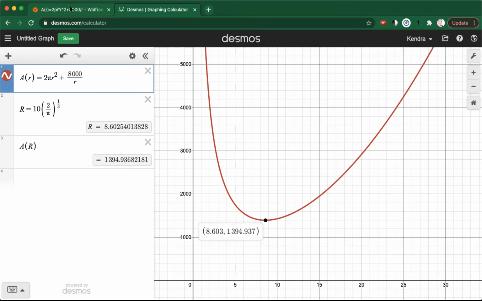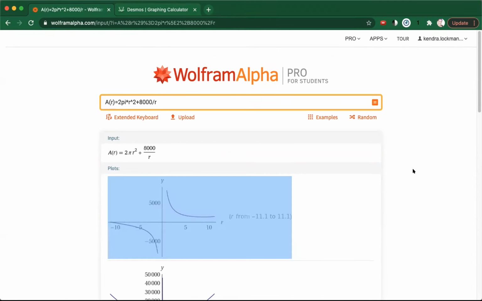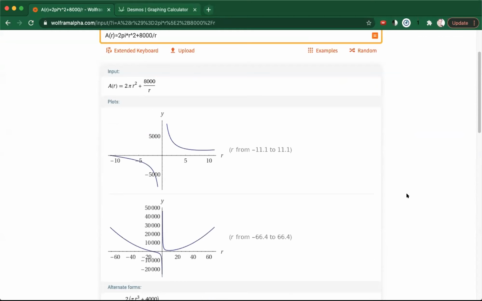I just wanted to point out you can also use Wolfram Alpha, another place where you might look. So I just put in A of r equals, and I didn't actually ask it to do anything. I just said, tell me something about this function. And it gives me a couple of graphs of this function. It chose some graphing ranges, which may or may not be helpful.